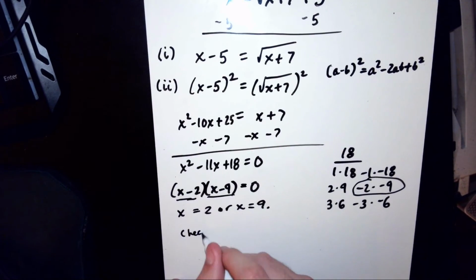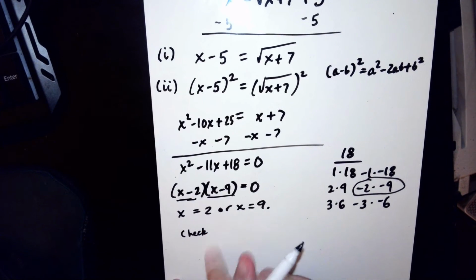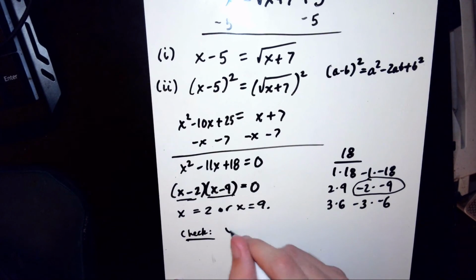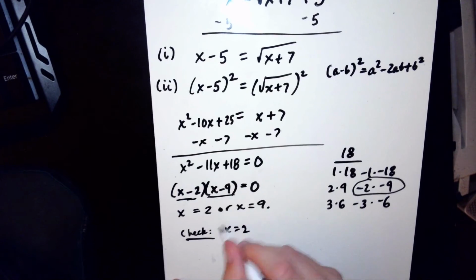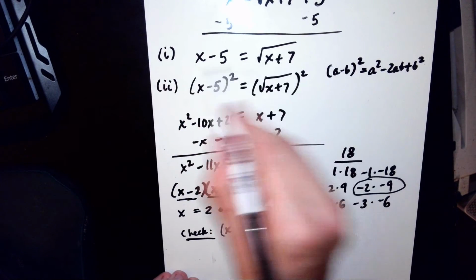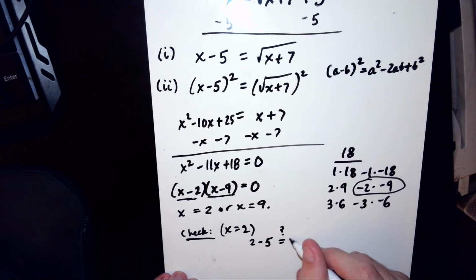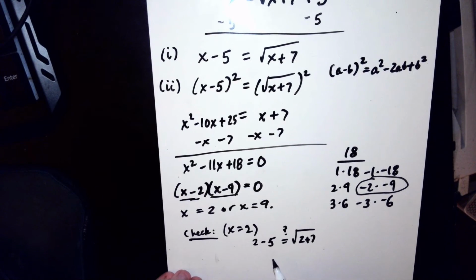If we check x equals 2, remember we're checking equation 1, we get 2 minus 5, question mark, equals the square root of 2 plus 7. On the left-hand side we've got 2 minus 5, that's just minus 3.